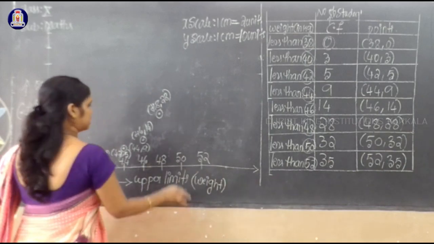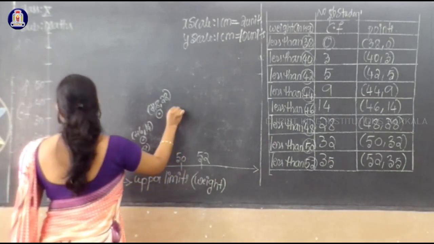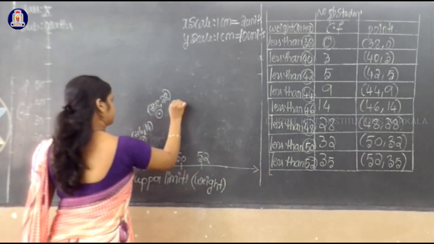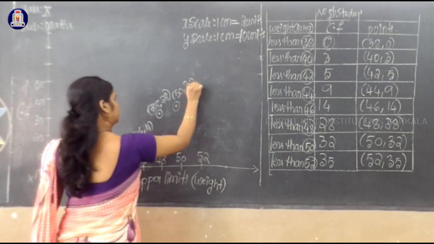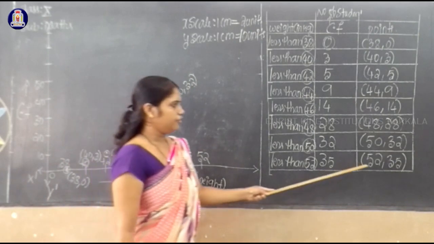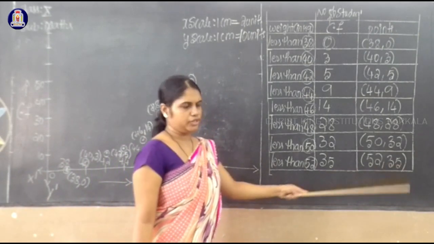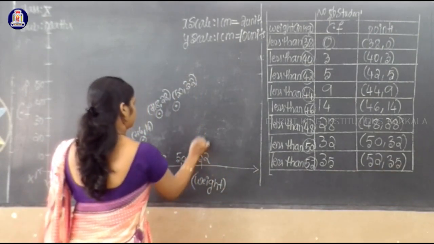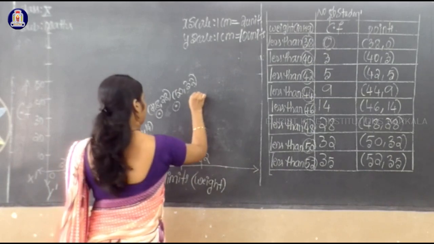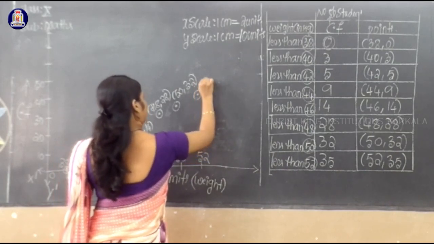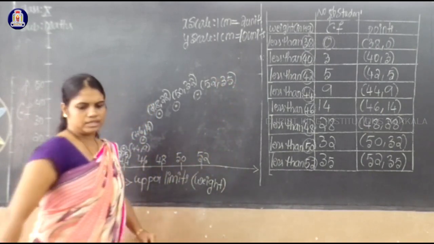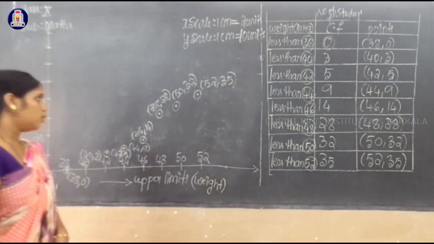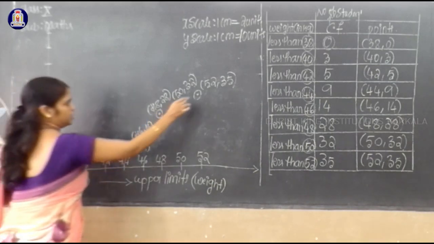Next point, 50, 32. Along the x-axis 50, 32. Next point, 52, 35. Now I'll join all these points.